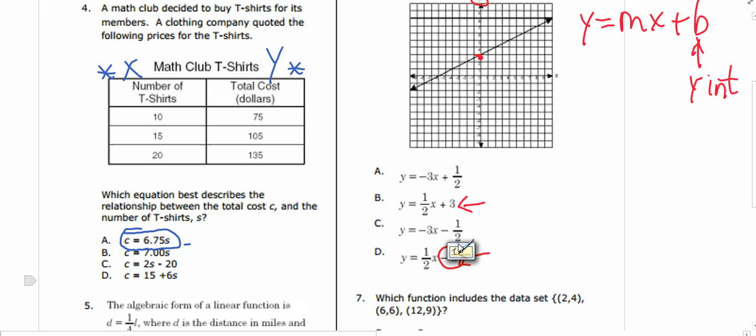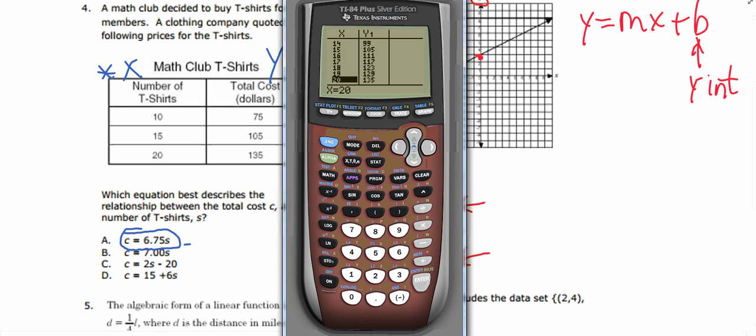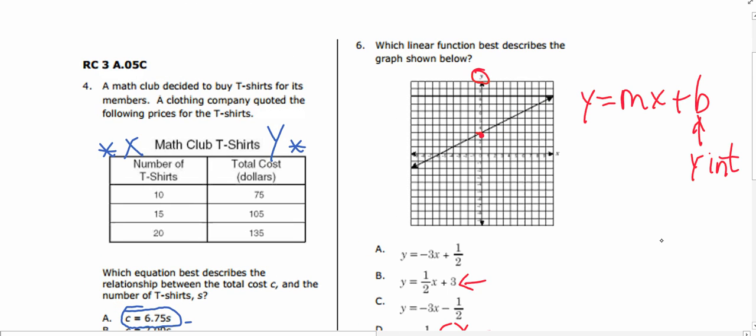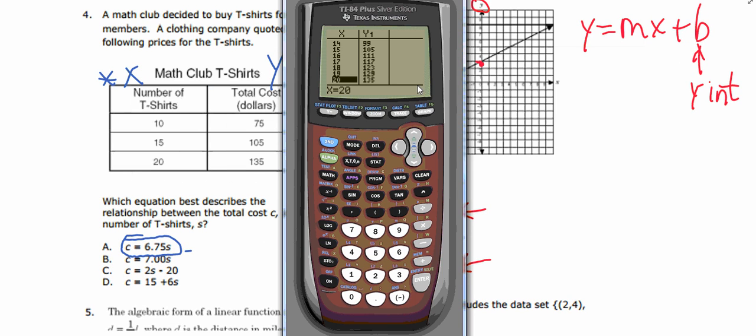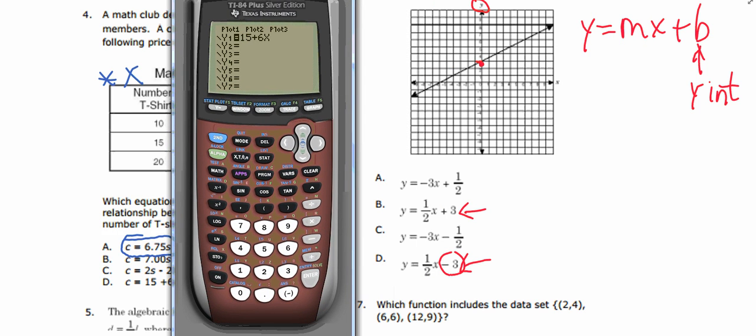Since we are taking a test, let's double check it by putting answer choice B in the calculator, and see if we can match up our equation to the graph. So here we are, and we're going to put in the equation y equals 1/2 x plus our 3.